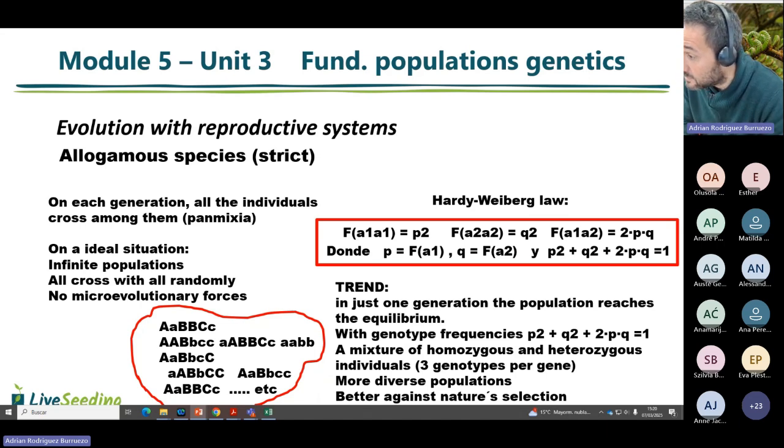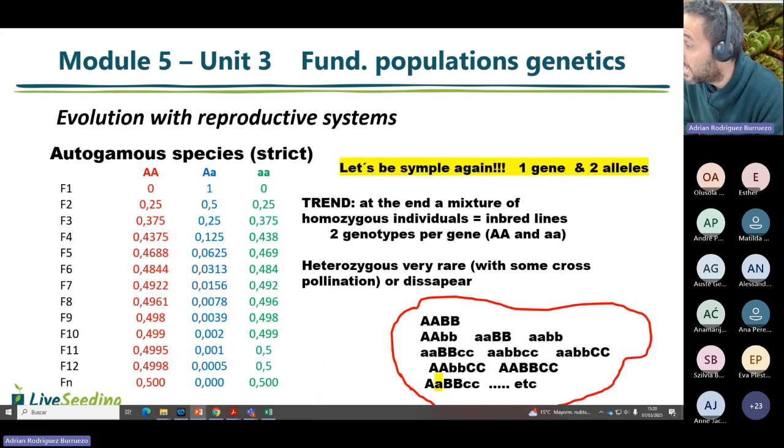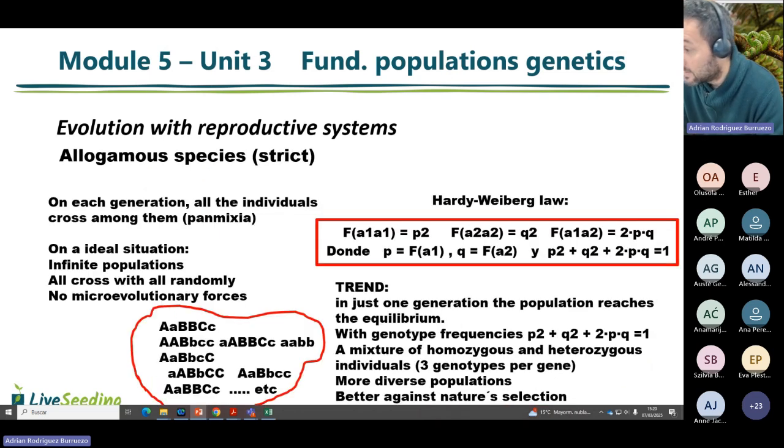On the contrary, highly autogamous species have more limited diversity and they have less opportunity to face natural selection challenges. This is one of the reasons for which in nature the most common reproductive system is allogamy, that is, cross-pollination, while only autogamy is common in cultivated crops.